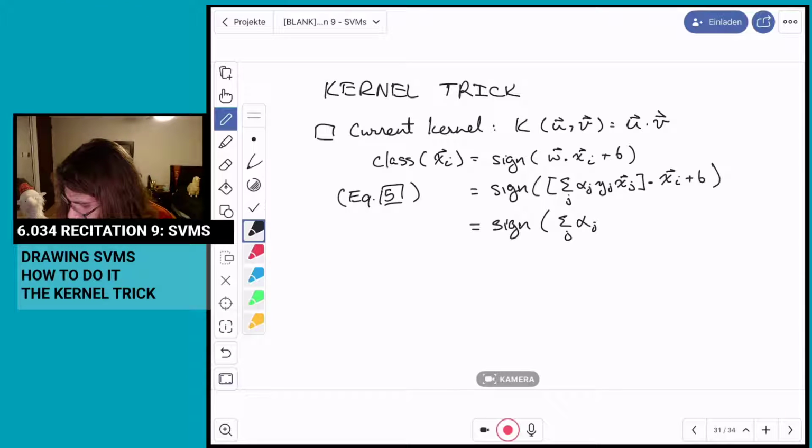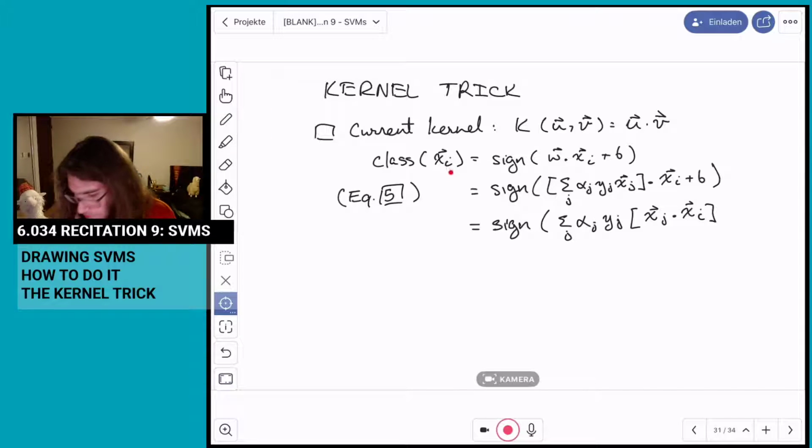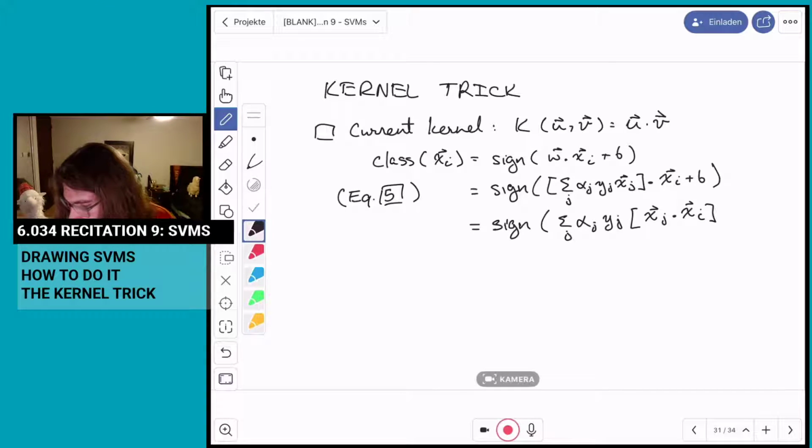This is alpha, the alpha value of the support vector j, the classification of the support vector j, and now this is my regrouping, the point xj dotted with the point of interest xi. So remember that this is the equation to find the classification of a point, it might be unknown, or it might be that I'm testing, but I'm trying to find the classification of the point xi, plus b.